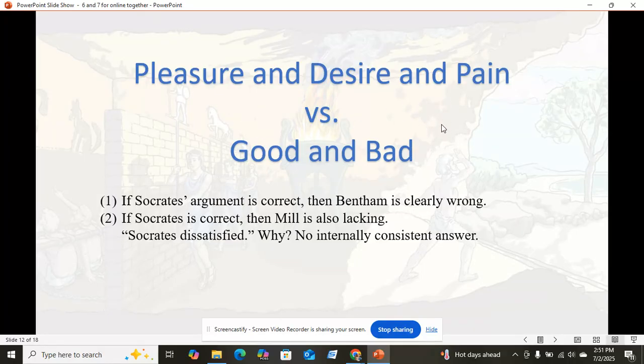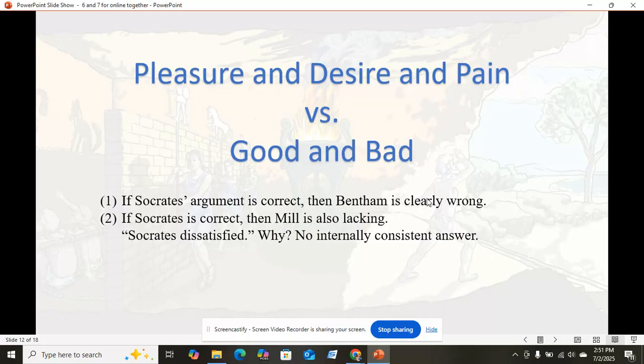Mill tends to fall apart because he still wants to relate in some way pleasure and good, pain and bad, but then he wants to say there are good reasons to suffer that outweigh pleasures that are bad. But if that's the case, then you can't say pleasure equals good. This is what Socrates gets at. So Bentham is in straightforward disagreement with Socrates, and Mill is revealed as totally inconsistent.